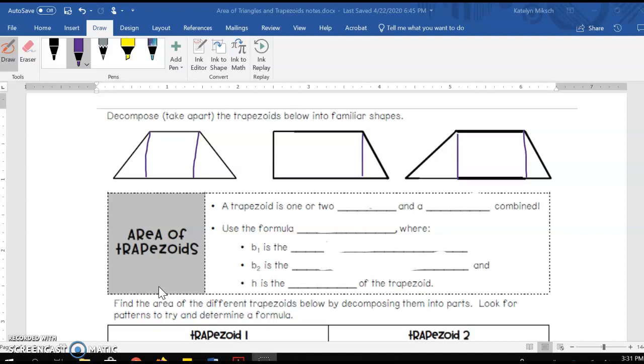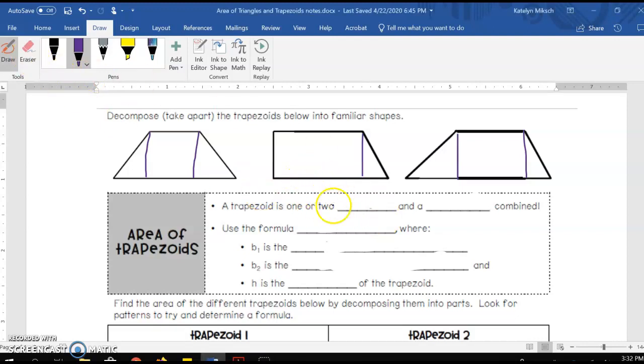So please watch that if you haven't. It will show you a lot more than what I can show you on just this Word document. So now that we know that a trapezoid is basically rectangles and triangles put together, sometimes two triangles, sometimes just one, depending on how the trapezoid looks, let's talk more about the formula for finding the area of the trapezoid.